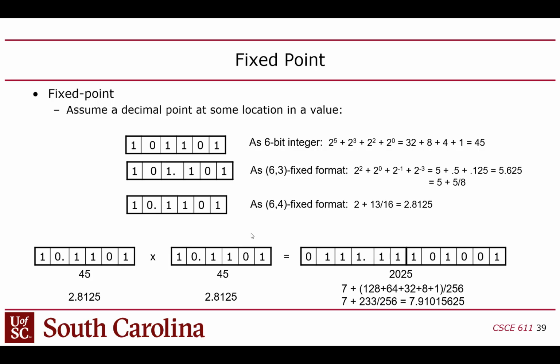In other words, you apply a scaling factor to the number, which is a power of 2, right? So, for example, if you apply a scaling factor of 2 to the negative second power, then any value in that register is actually that value, but divided by 4. Because it's been scaled. What that also means is that 2 of the bits on the right-hand side of the register are actually fractional bits, not whole bits.